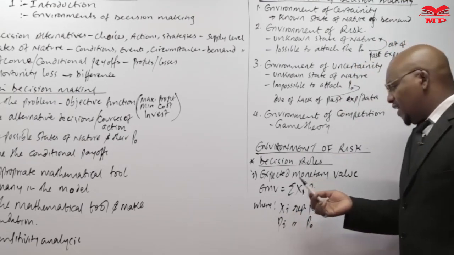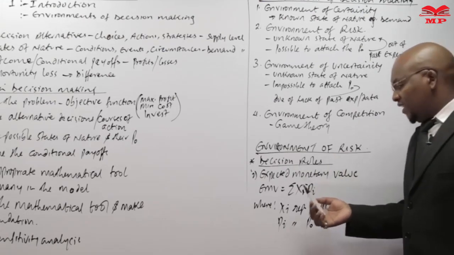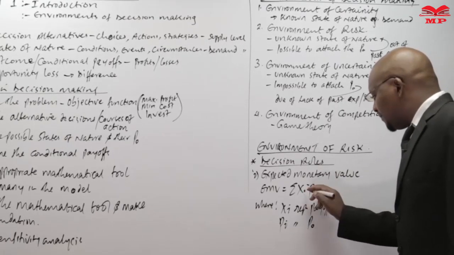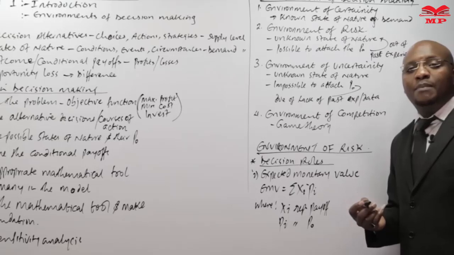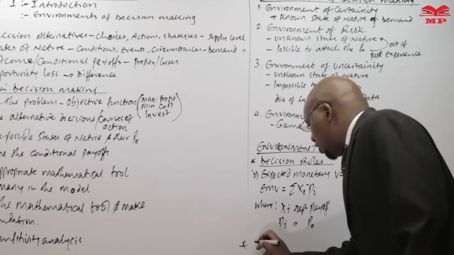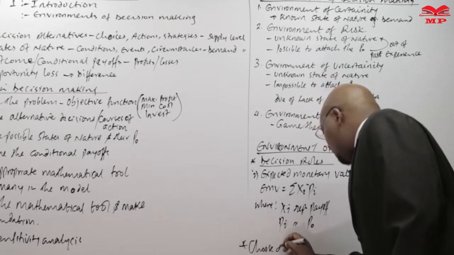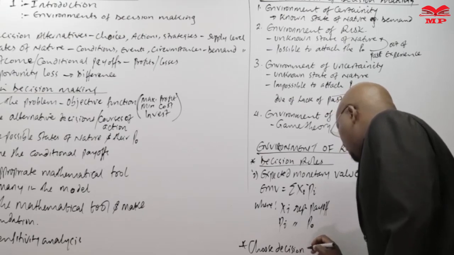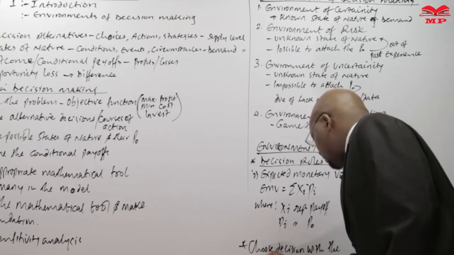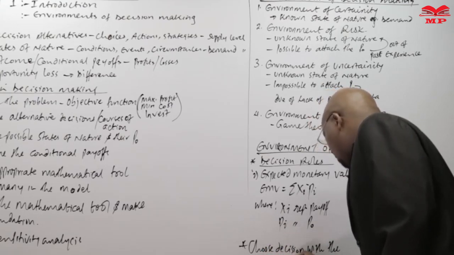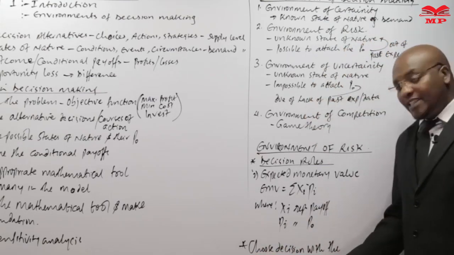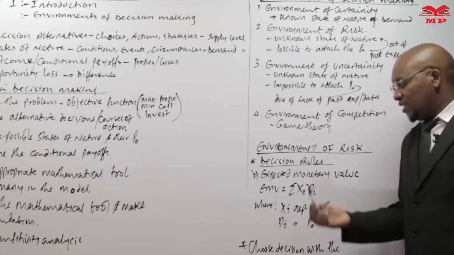So expected monetary value, abbreviated as EMV, is given by the summation of XI, PI, where XI is the payoff, while PI is the probability. And here we choose the decision alternative with the highest expected monetary value, EMV. That is our decision. That is the first one.